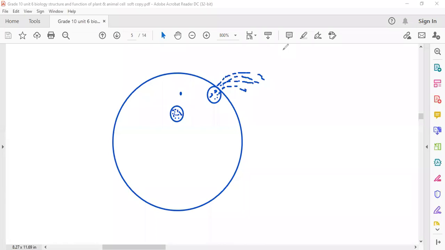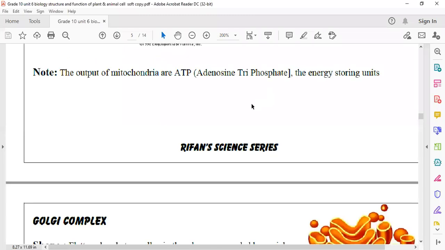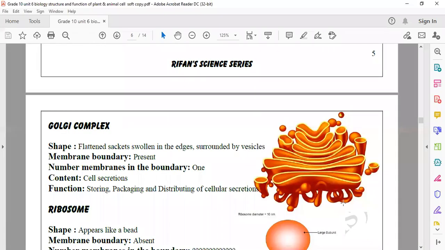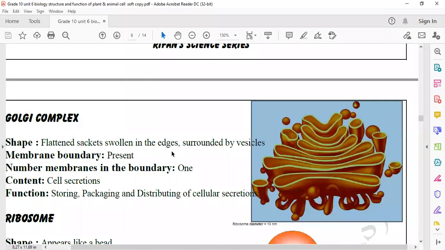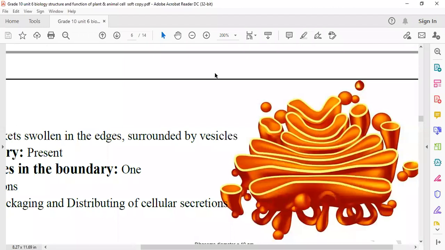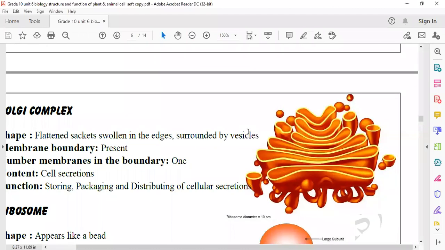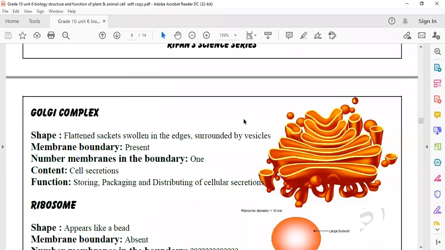Good. So it's clear for all. Now, my children, can you see the ball-like structures around the Golgi? They are vesicles. Inside them, there are secretions.